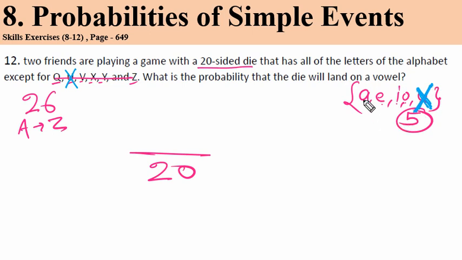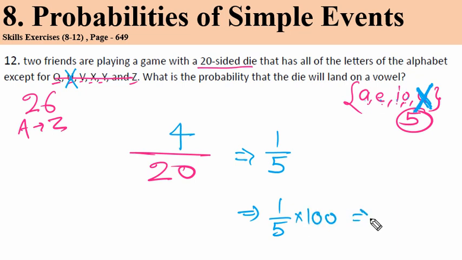So how many favorable now? 1, 2, 3, 4. So only 4 favorable. So the favorable cases are 4, total is 20. So 4 over 20 will give you 1 over 5. Multiply with 100, you will get the percentage. So that will give you 20%.